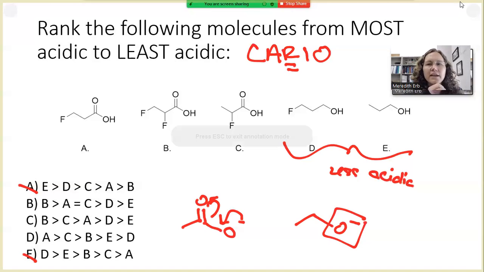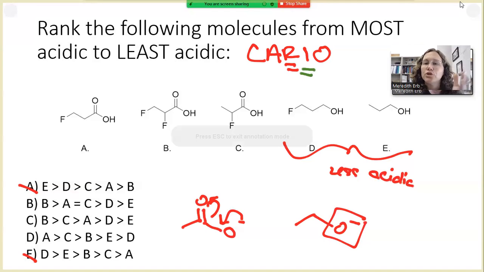The next key CARIO letter that we need is induction. Induction is when you have electronegative atoms, such as fluorine, like we see in this case, that are pulling electron density away inductively through sigma bonds. We can see that in answer choices A through D. All of them have fluorines attached.